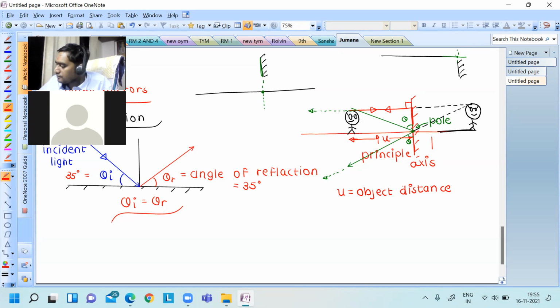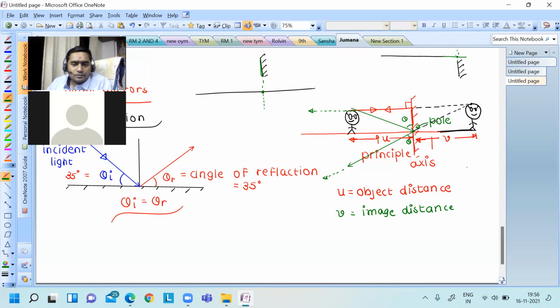And this is called our image distance. Let's call it v. So v is our image distance. Both are measured from the mirror, and both are on the principal axis. This is the importance of the principal axis: you place your object on the principal axis, so you will get your image also on the principal axis.